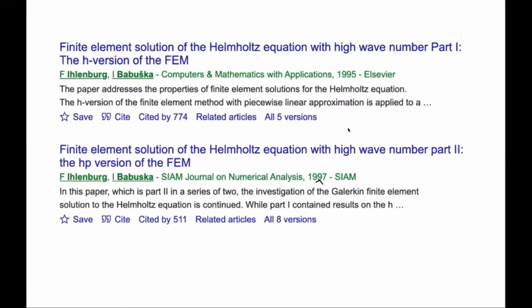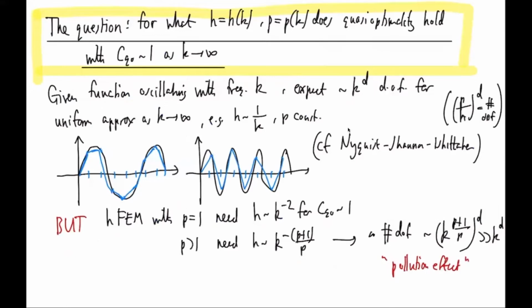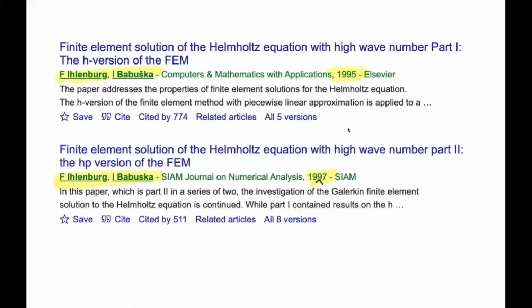There are these papers by Ihlenburg and Babuška in 1995 and 1997 in 1D, using explicit calculations on one-dimensional Helmholtz model problems, where they found the answers to these thresholds that I told you about, including this threshold here, and 1 over k squared for p equal to 1. They found these in 1D, and to illustrate, these papers got lots of citations. This is a real fundamental issue.